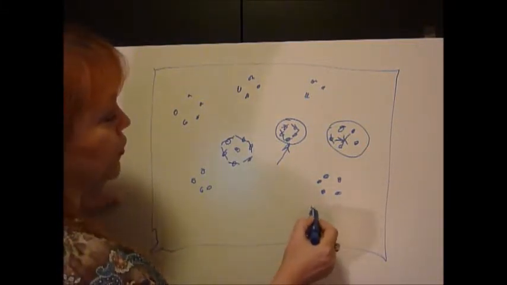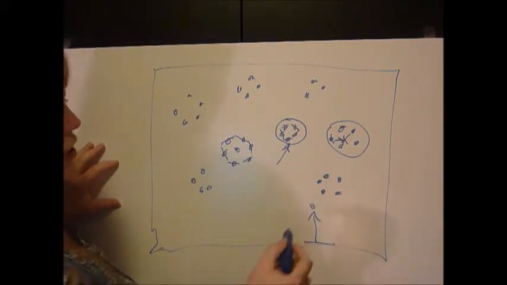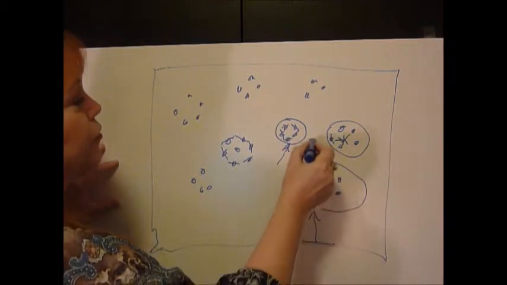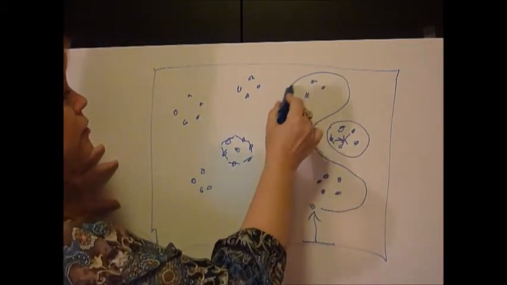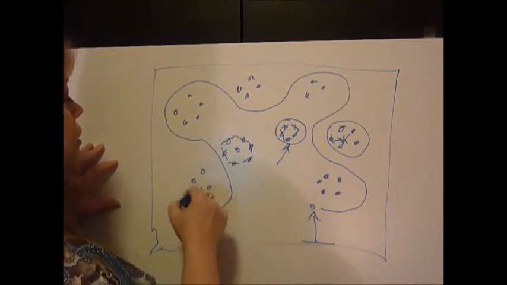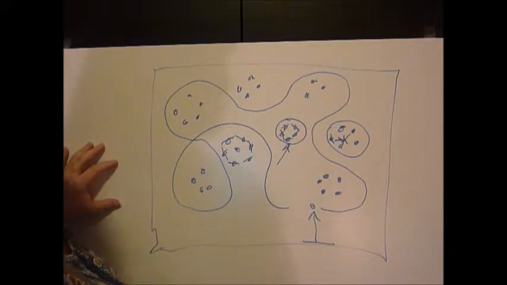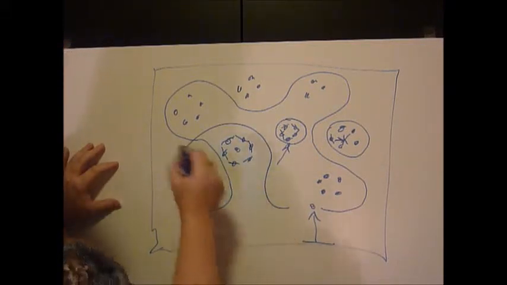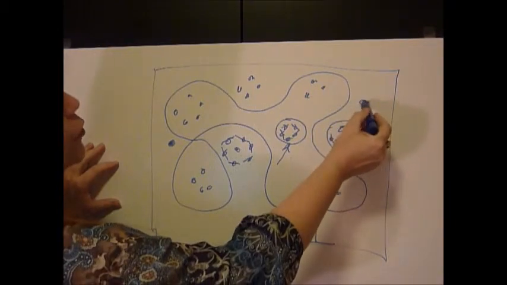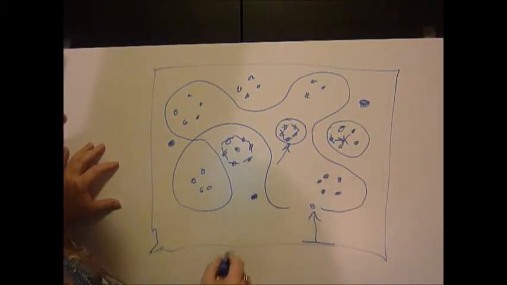So here you are, and you are sort of like the orbiting satellite. You start wandering around the room, looking for somebody who is not involved in a clique, so that you have someone to talk to. And if you're really lucky, somewhere along the way, you'll find another orbiting satellite or two that you can have a conversation with.